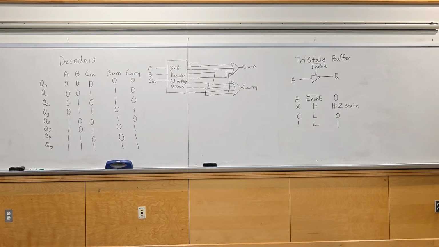So you can use a decoder to generate functions of different types with different numbers of outputs with a little bit of extra logic and connecting them accordingly. So there you go.